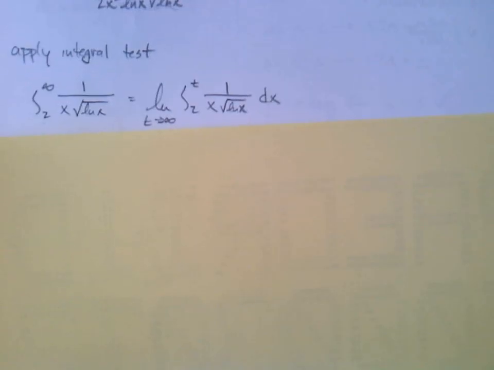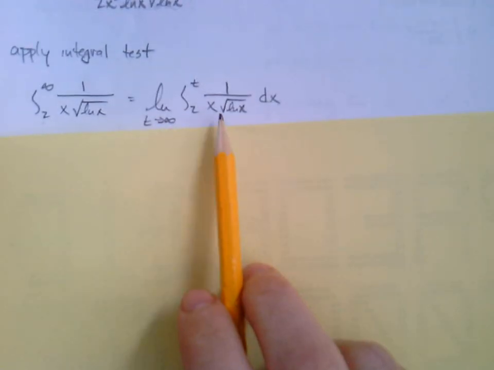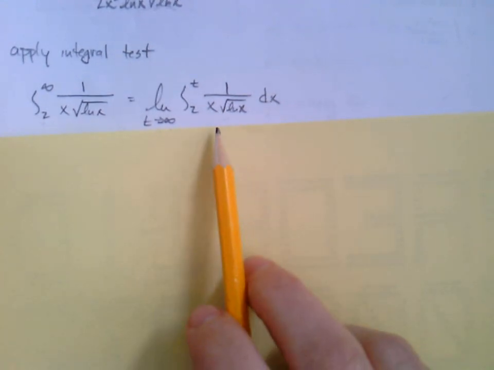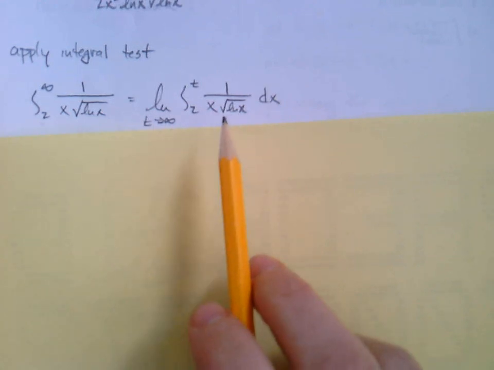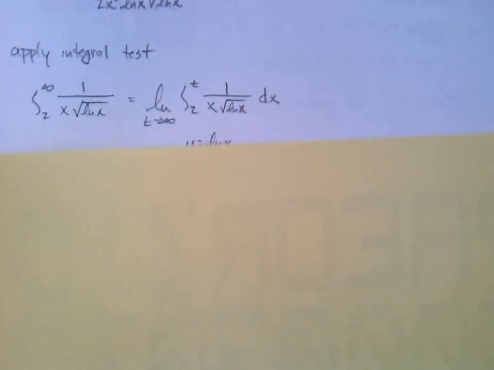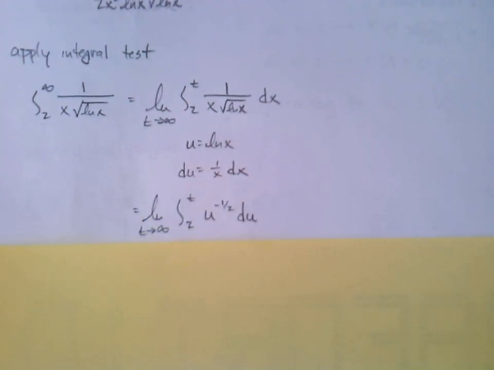Now we got to think, is it possible to take that antiderivative? And sure is. Maybe you notice natural log x and a 1 over x. I can do a pretty straightforward u substitution. And I can rewrite this as the limit as t goes to infinity, integral from 2 to t, u to the negative 1/2 du.